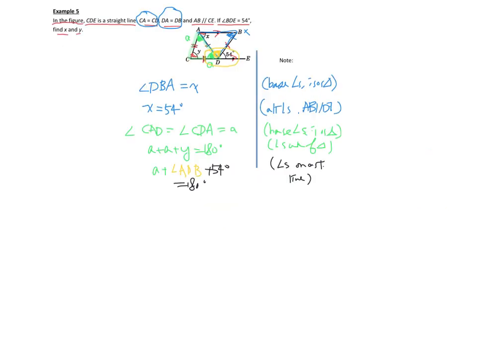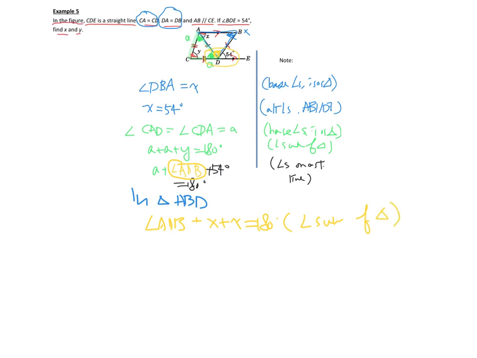So now we need to find angle ADB. How can we find angle ADB? That is in triangle ABD. Angle ADB plus x plus another x will be equal to 180 degrees. That is the angle sum of triangle.